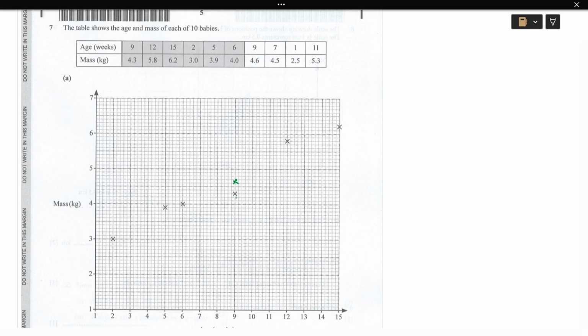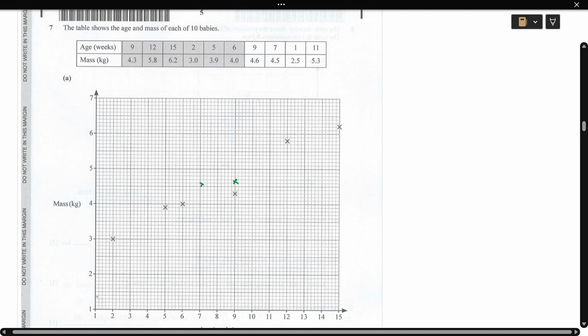Next 7 and 4.5. Okay, next 1 and 2.5. Next 11 and 5.3.